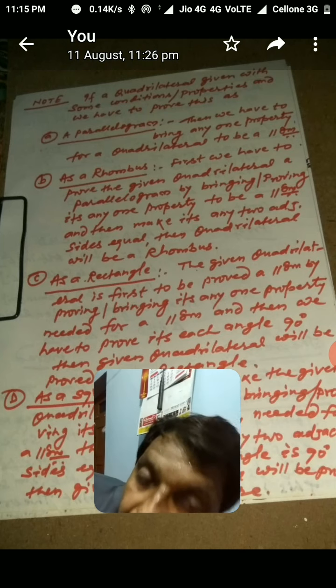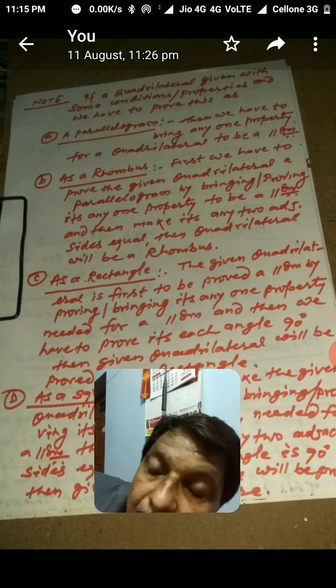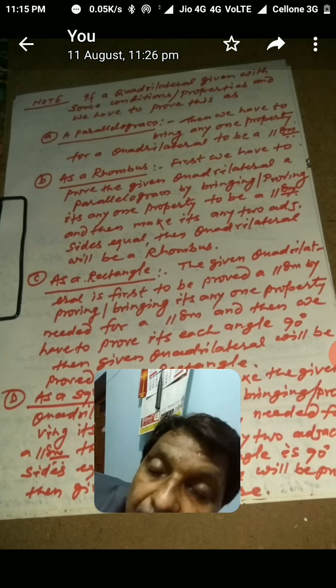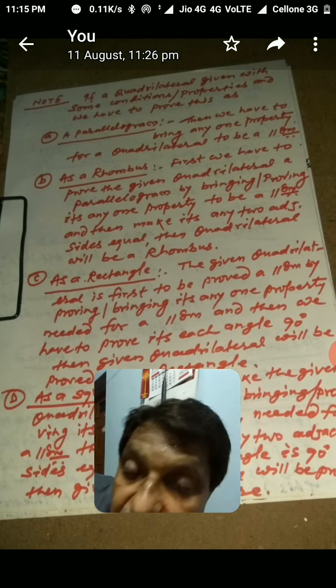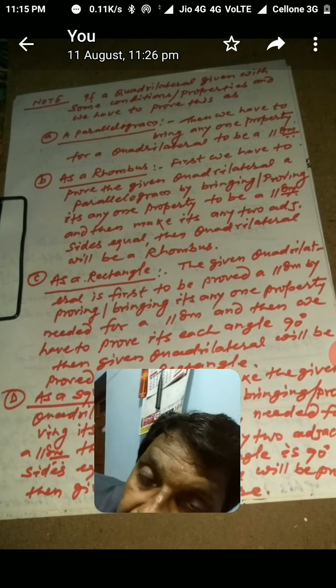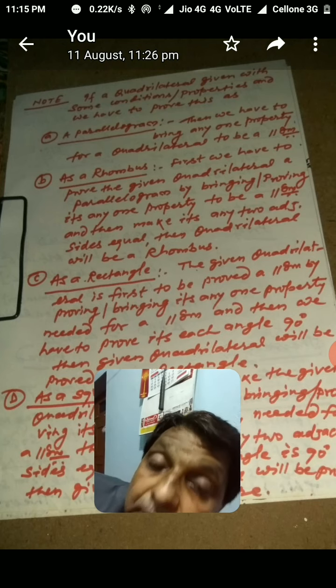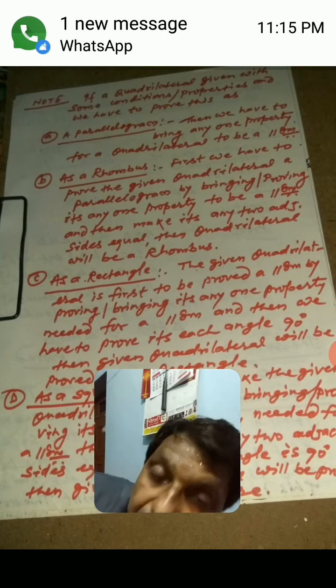And then, following the rules for a rhombus, a rectangle, and a square, as already discussed, we can solve any question where the given quadrilateral is to be proved a parallelogram, a rhombus, a rectangle or a square.